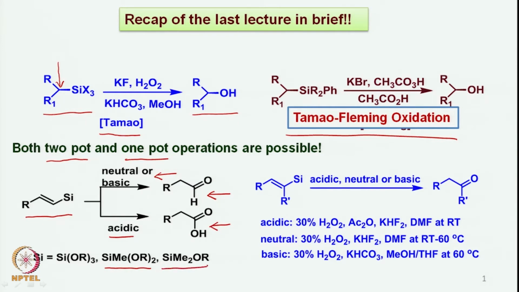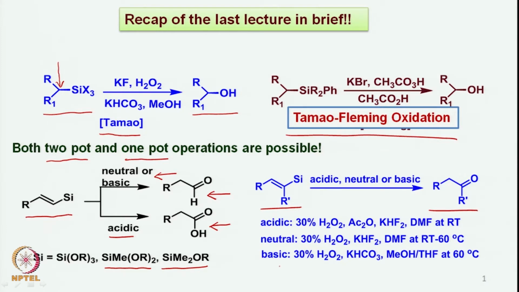On the other hand, when it is a tri-substituted silicon containing alkynyl molecule, then whether it is acidic, neutral or basic condition, we get only the corresponding ketone because there is no chance of getting any acid.